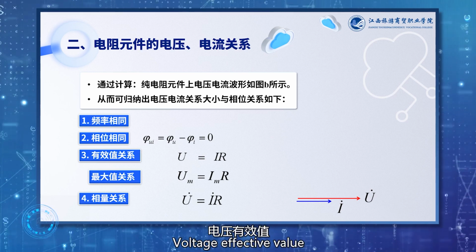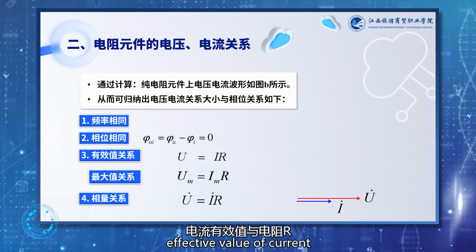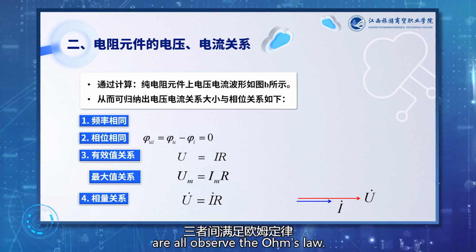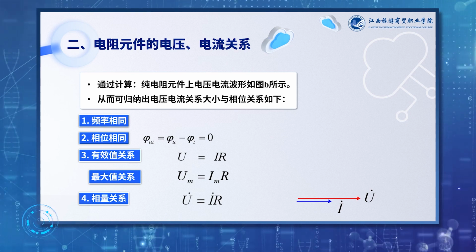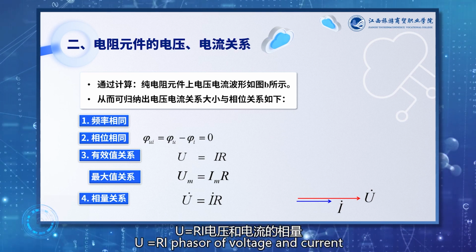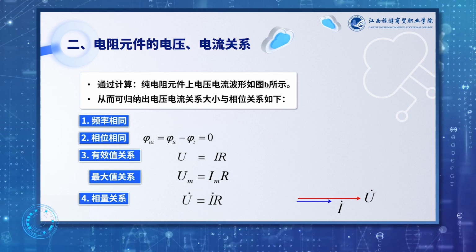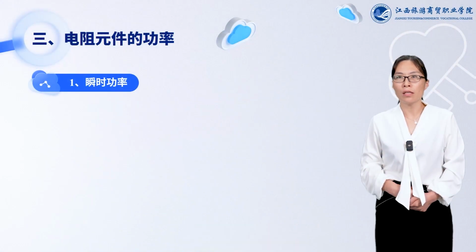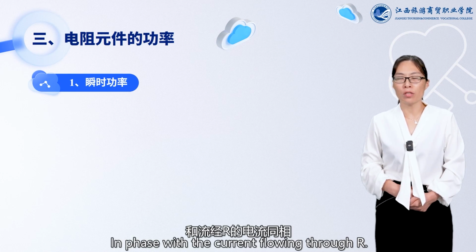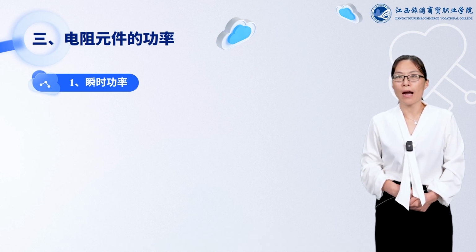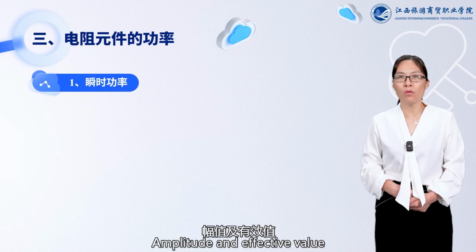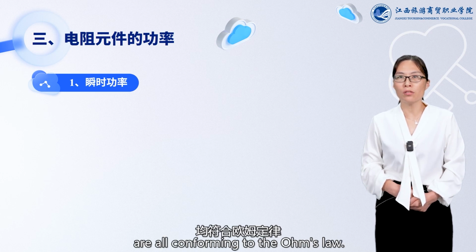Moreover, the voltage, current and resistance R all obey Ohm's law, namely U equals RI. The phasors of voltage and current are shown in figure C above. The voltage across resistor R is in phase with the current flowing through R, and its instantaneous value, amplitude, and effective value all conform to Ohm's law.